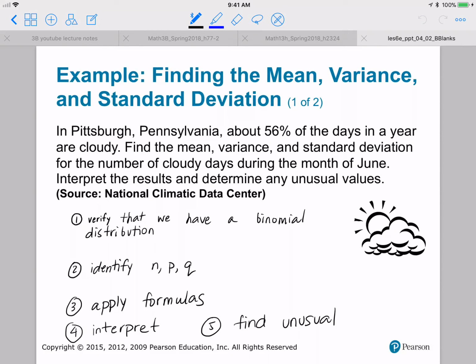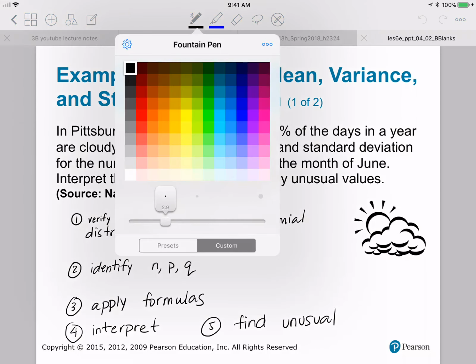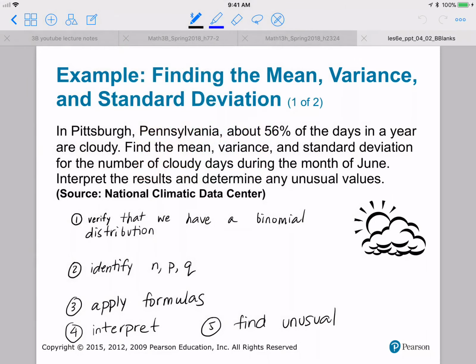In Pittsburgh, Pennsylvania, about 56% of the days in a year are cloudy. Find the mean, variance, and standard deviation for the number of cloudy days during the month of June. Okay, so we want to verify that we have a binomial distribution. We do. What is a trial?